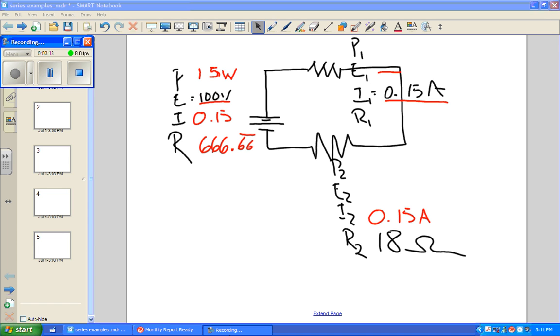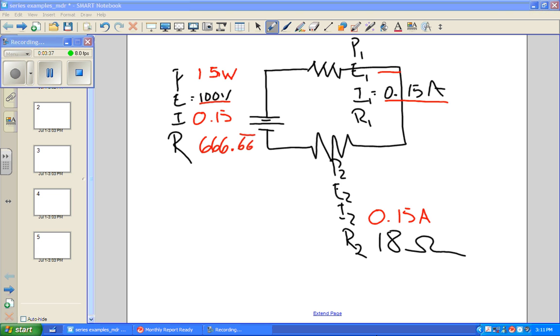15 watts. All right, let's come over and look at resistor 2. And we only have one thing, so let's go somewhere else. Wait a minute. We have a total voltage. Oh, we don't have another voltage yet. Okay, so let's go down to number 2. And let's multiply up.